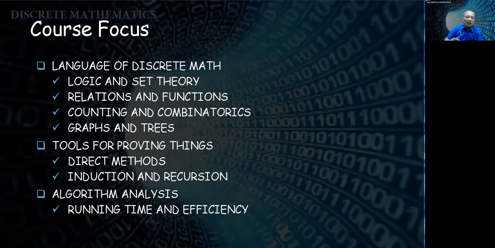Yeah. So about the language of discrete mathematics, and also tools for proving things. It is important also to prove things, and we are using direct methods, induction, and recursion, proving things in terms of, for example, if n is an odd number, then what about 3 to the power of n? Is it going to be an odd number or a combination of odd and even numbers, whatever it may be?